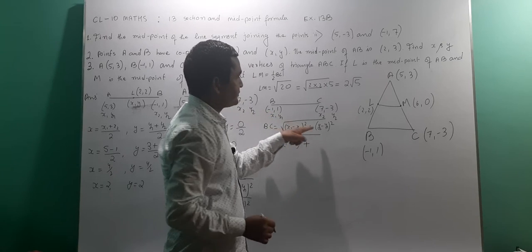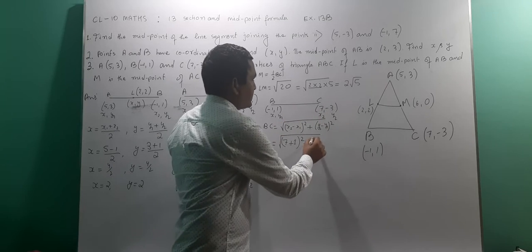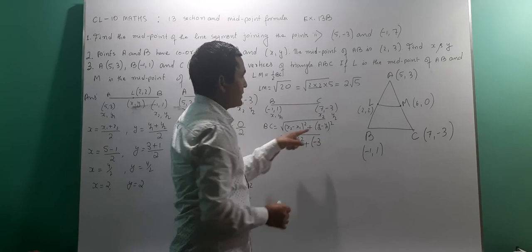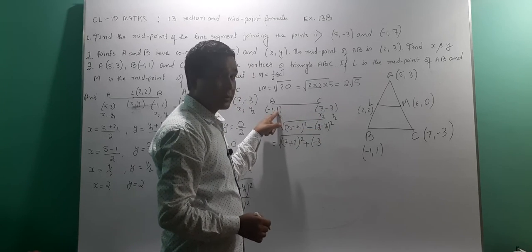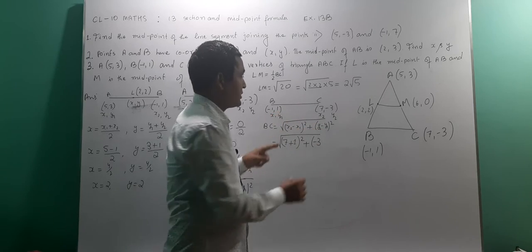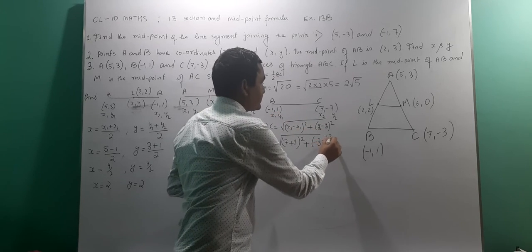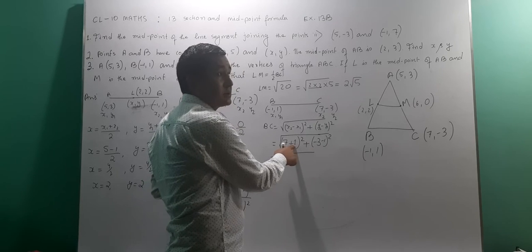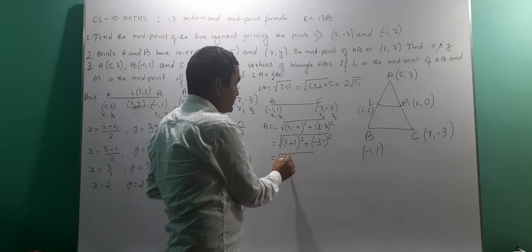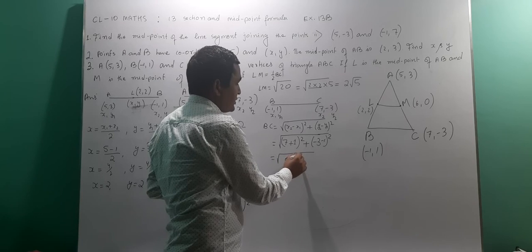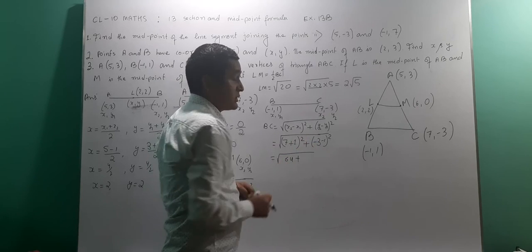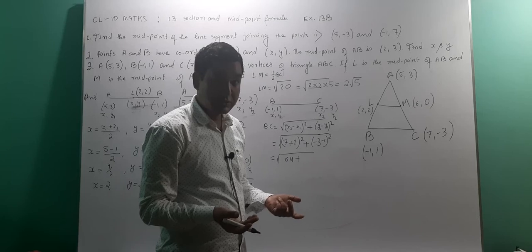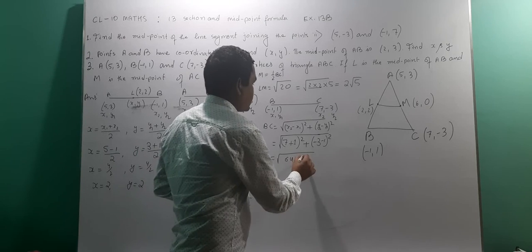Then plus y2, which is minus 3, then minus y1, which is 1. Now this is 8, 7 plus 1 is 8. 8 square is 64, plus minus 3 minus 1 is minus 4, and minus 4 square is 16.